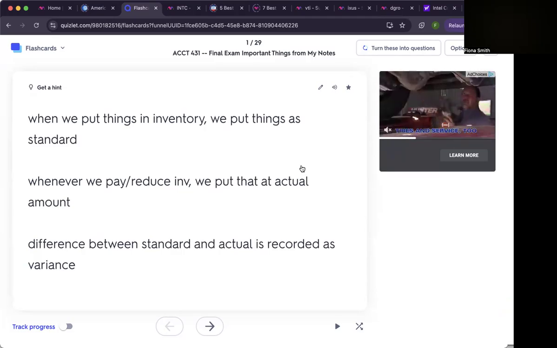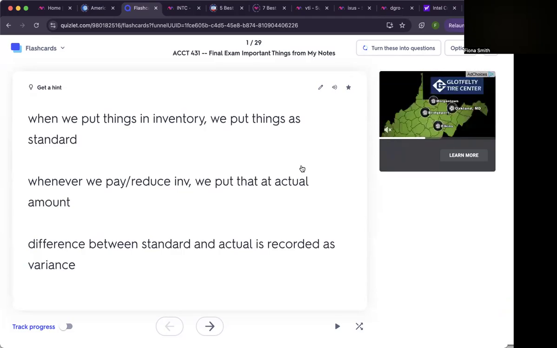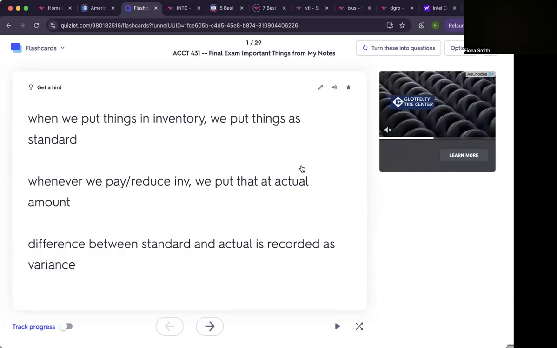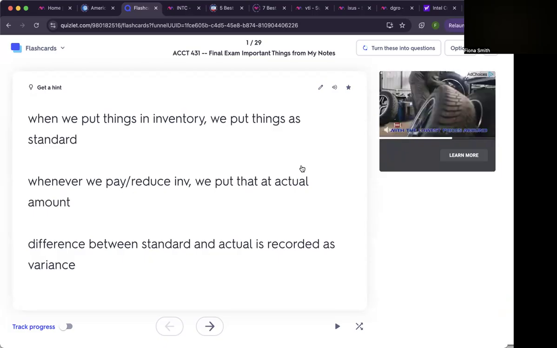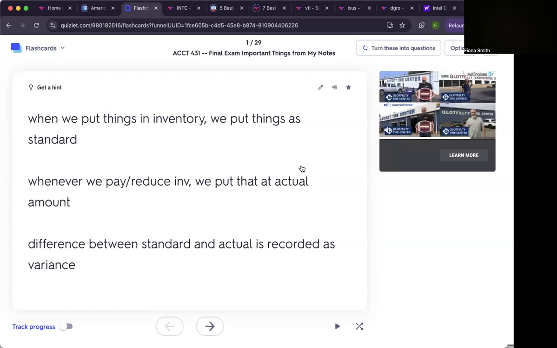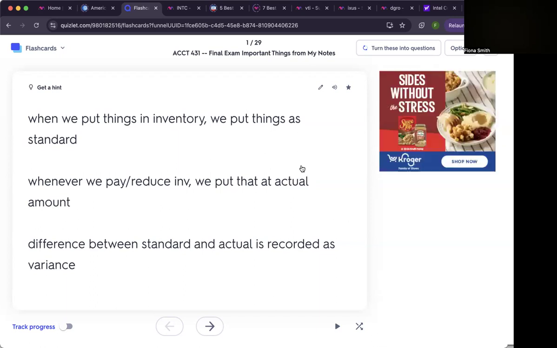So that means when we buy raw materials, we debit the asset of the raw material at the standard price and standard quantity.